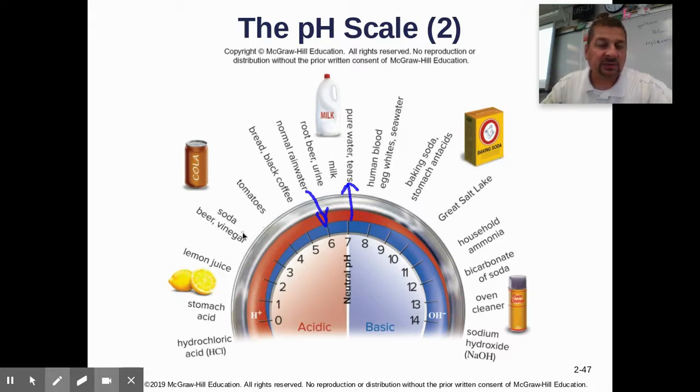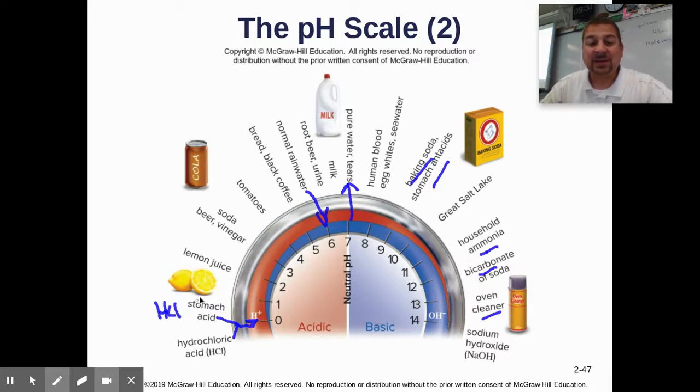Tomatoes, and you start to get more and more acidic down into the acids down here, like lemon juice, which is citric acid, and stomach acid, which is hydrochloric acid. Those things are way down here towards zero. Basic things tend to be what we use as cleaners: ammonia, oven cleaner, bicarbonate, baking soda, antacids, obviously. These things tend to be basic.